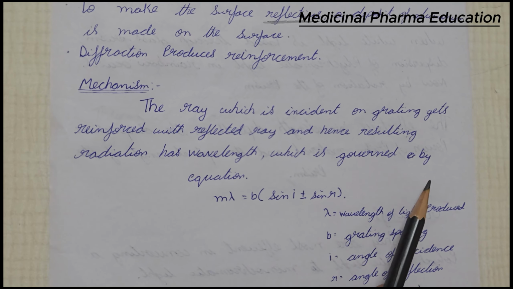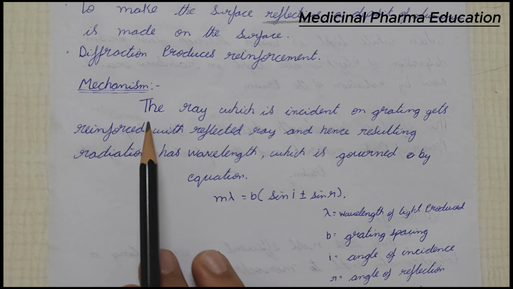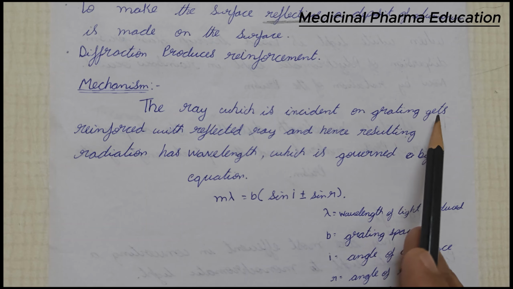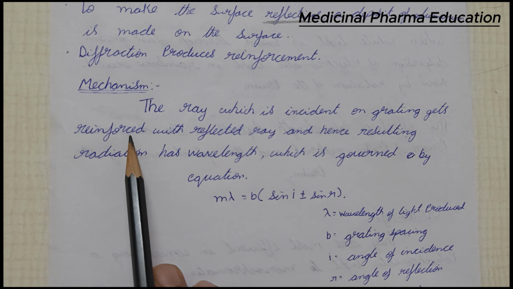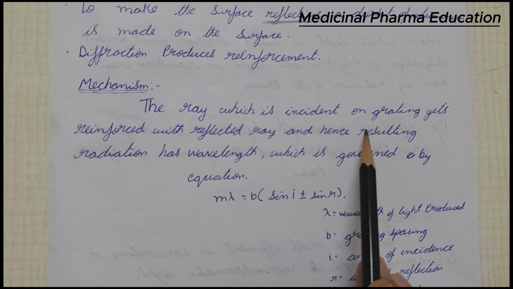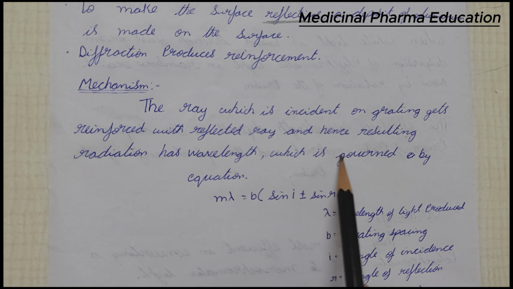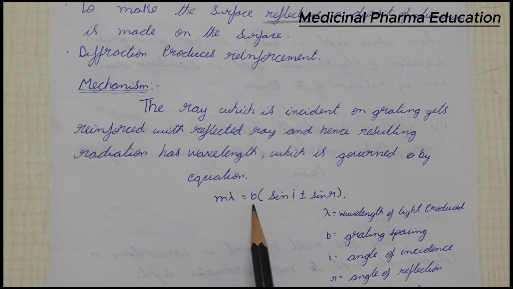The mechanism is that the ray incident on the grating gets reinforced with the refracted rays, and hence the resulting radiation has a wavelength which is governed by the equation m lambda equals b sin i by sin r.